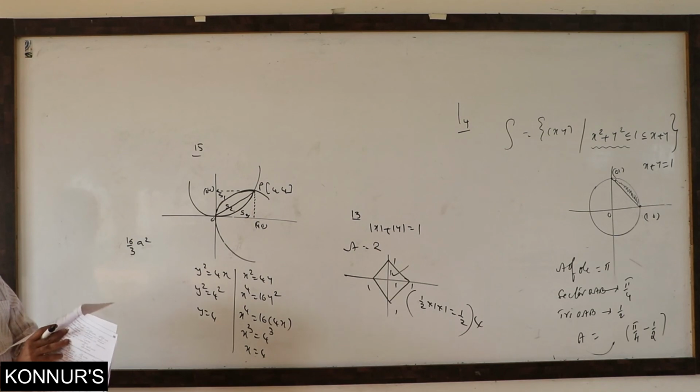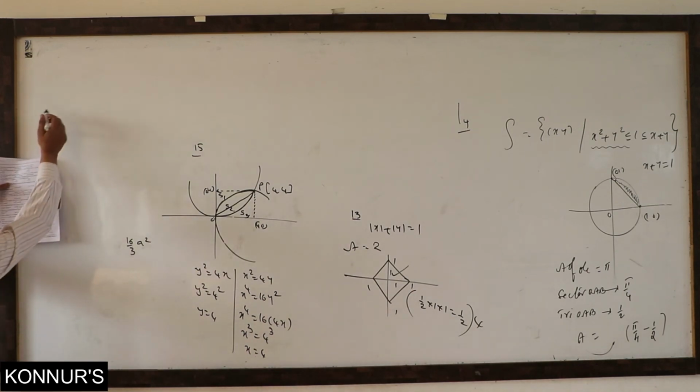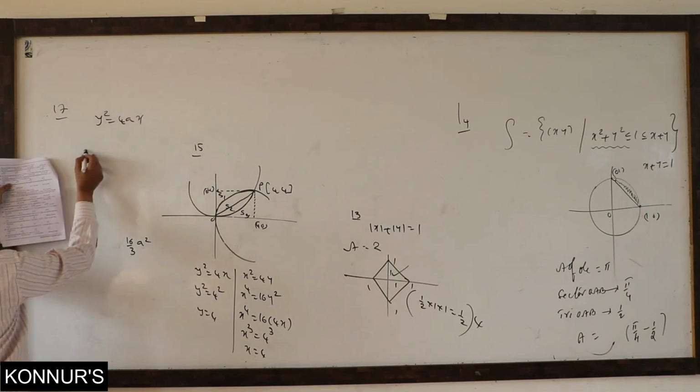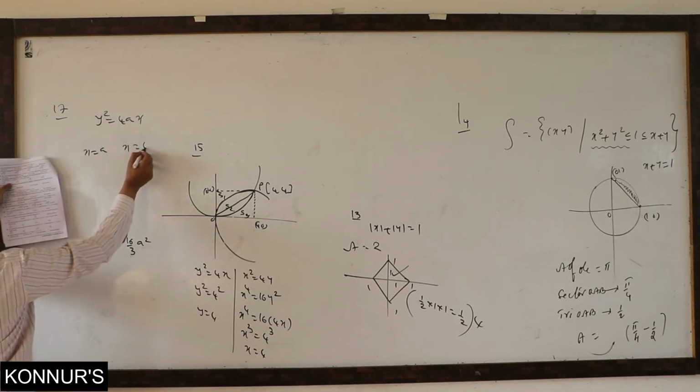Diagram also I gave. Very clear diagram. 16, okay, repeated. Now this is the area bounded by y square equal to 4ax, x equal to a, x equal to 4a. Different. See, 17 is again the parabola y square equal to 4ax, x equal to a, limits given.